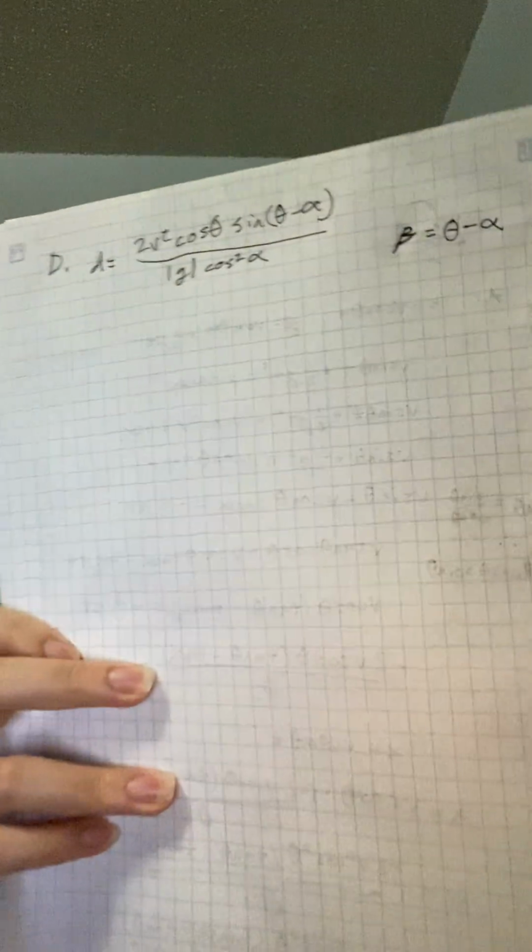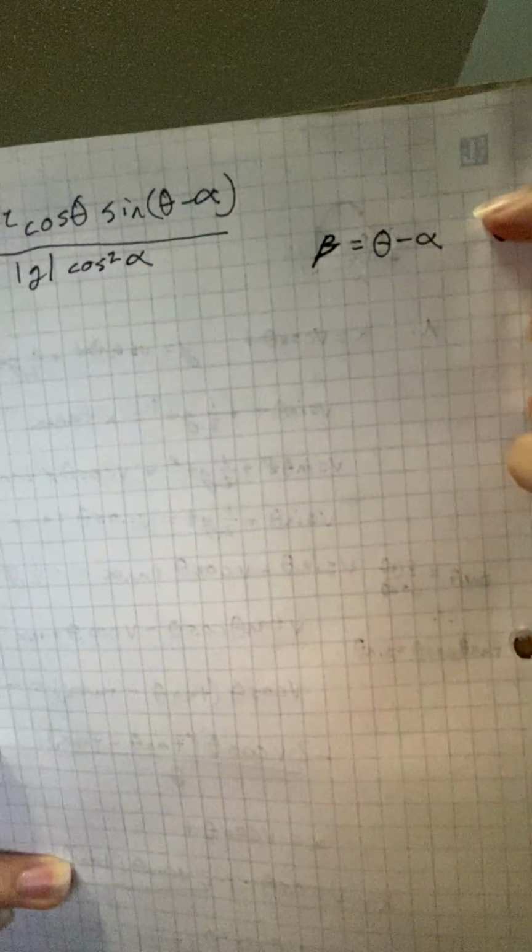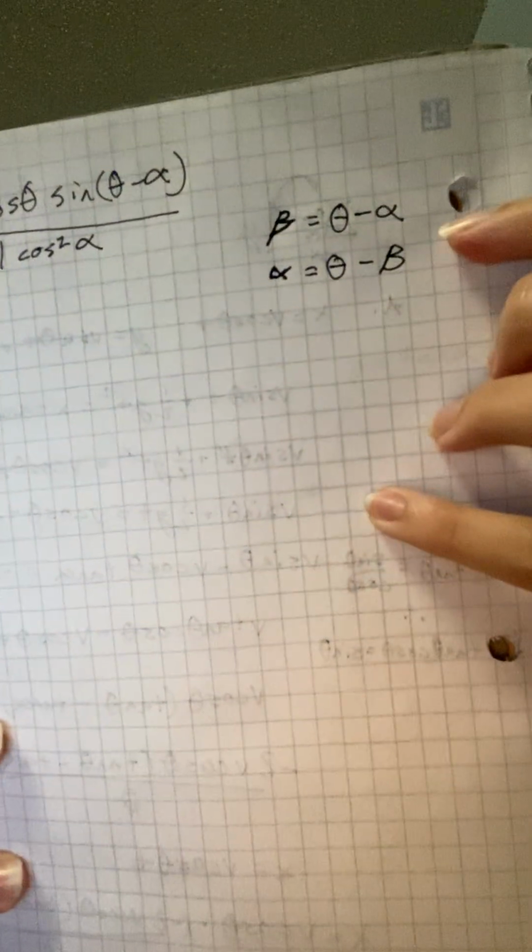Let's define the new variable, beta, as being the difference of theta and alpha, shown here. From here, let's also prepare the fact that alpha is equivalent to theta minus beta, as shown here.